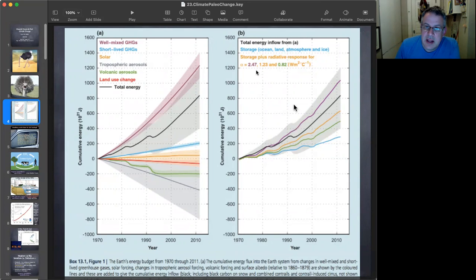And then the radiative responses under different assumptions about the way that the Earth responds to warming are given here. But the main thing that changes is that the energy outflow responds to this change in energy inflow, and then only a little bit is left over to be stored. But that little bit that's left over to be stored is still a substantial amount.